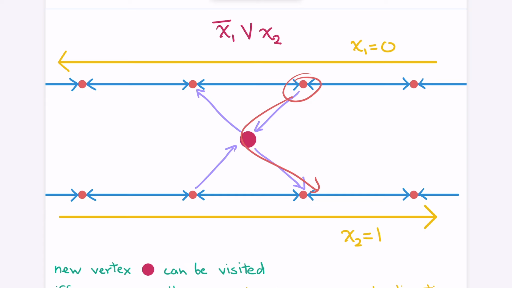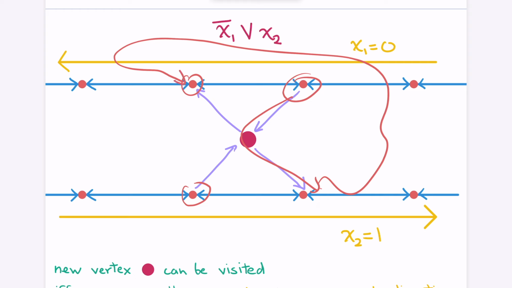If you do that, you'll probably never be able to get back to here, unless there's some other way, or you can't get back to both here and here. It's possible there's some weird Hamiltonian path that ends here, but then you have nowhere to go.